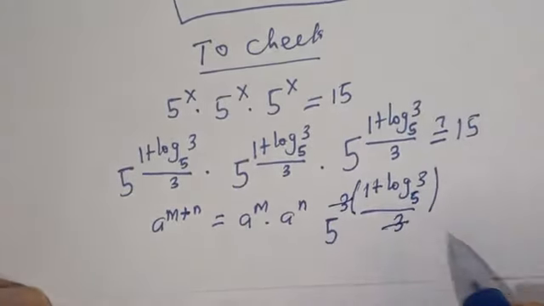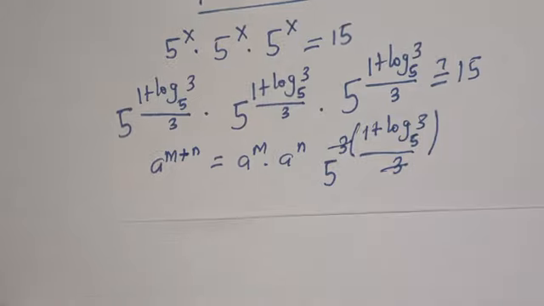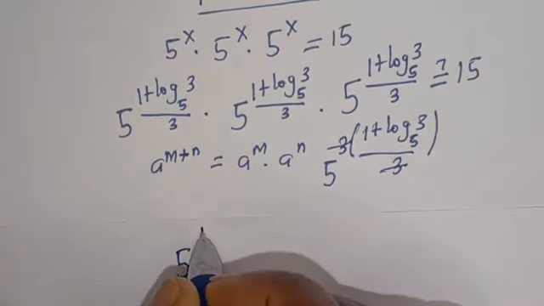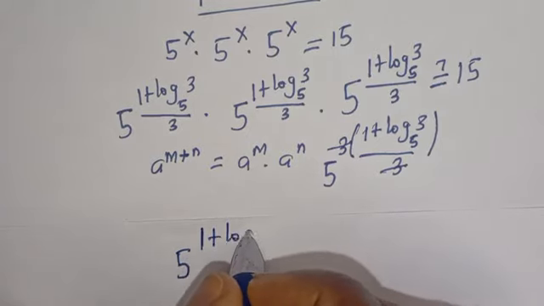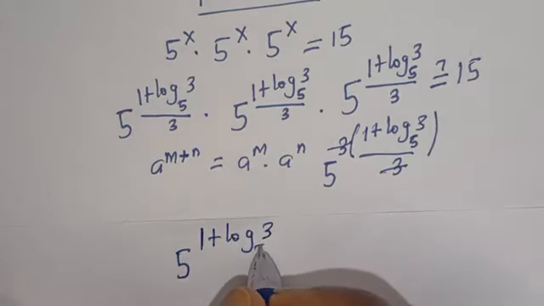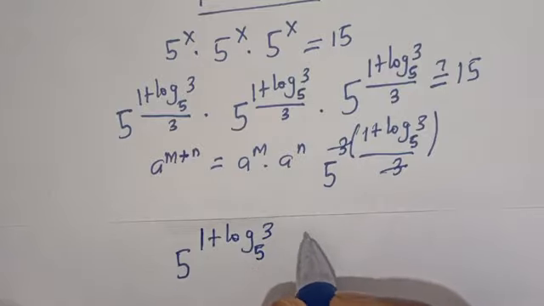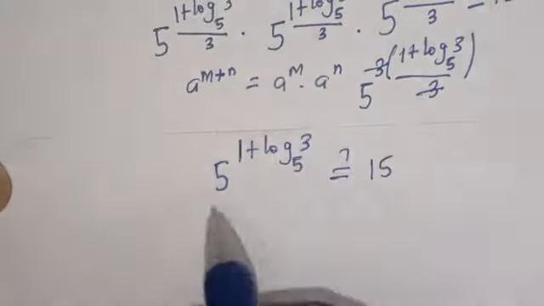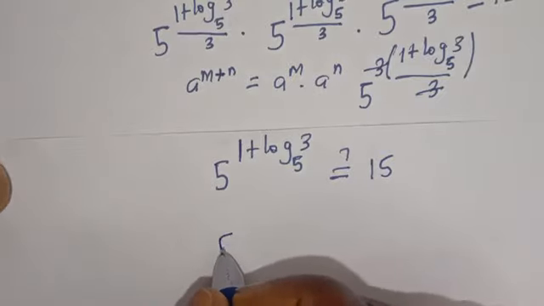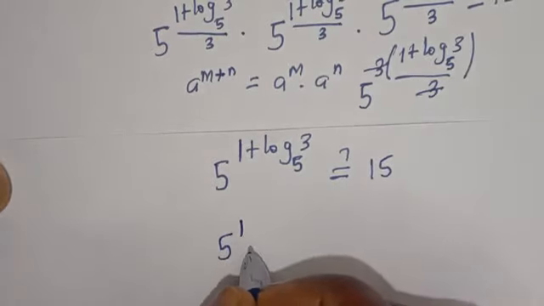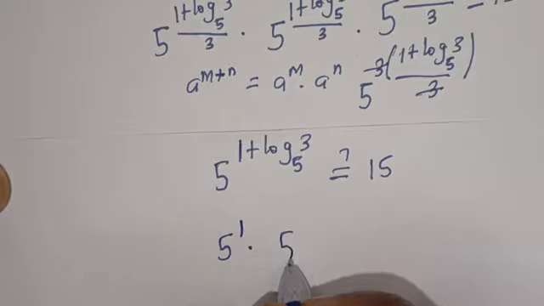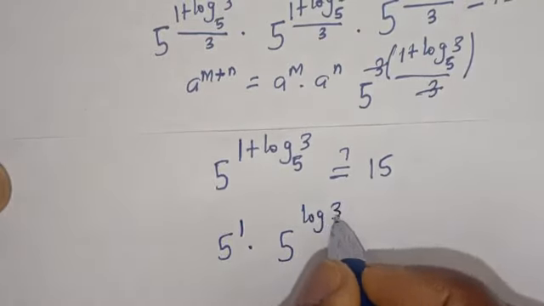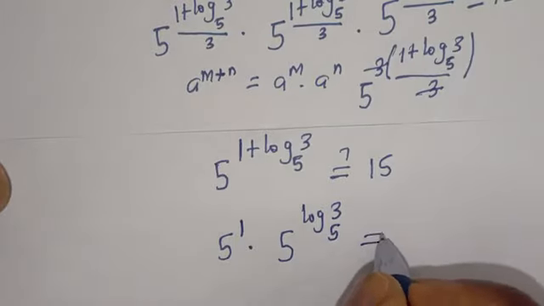This will cancel this. Then we have 5 to the power of 1 plus log 3 base 5, which must be equal to 15. Then from here, this is 5 to the power of 1 multiplied by 5 to the power of log 3 base 5, which must be equal to 15.